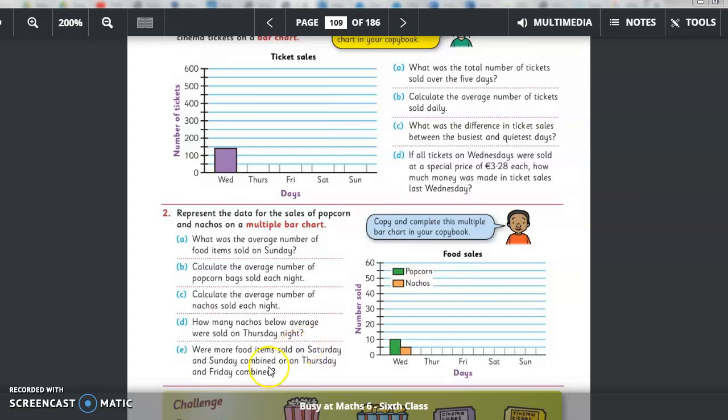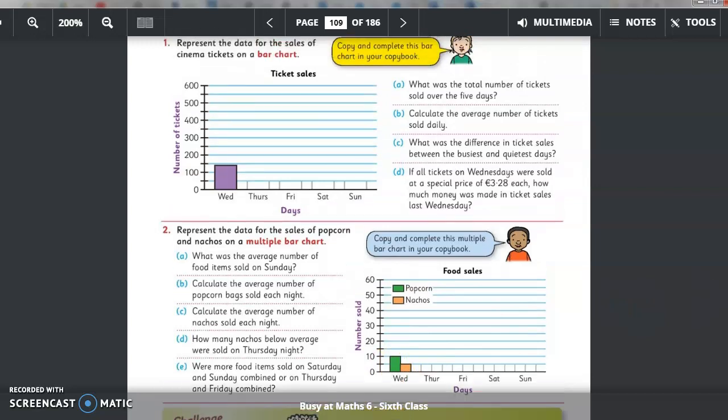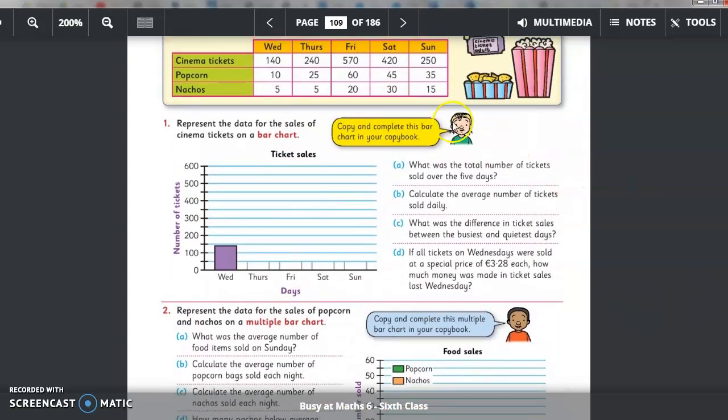So you add all the food sold on Saturday and Sunday, or on Thursday and Friday combined. Add the food sold on Thursday and Friday and then see which combination sold more. So this is what they're talking about, the food here and the food here.